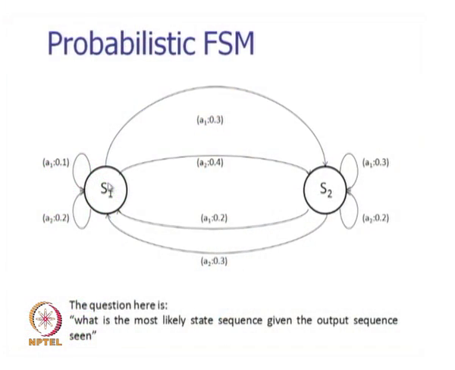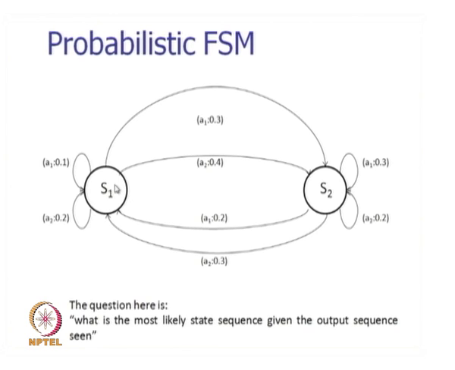So, we concentrate on the second problem now, to find out the best possible state sequence in terms of highest probability value given the observation sequence. We first start with this particular diagram, which we call a probabilistic finite state machine. This is nothing but the hidden Markov machine of order k equal to 1.